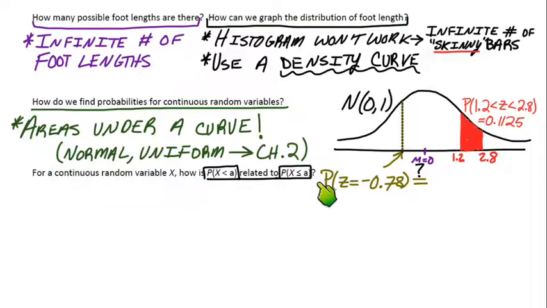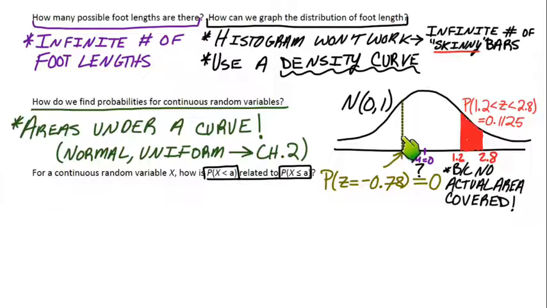What's the probability that z is equal to exactly negative 0.78? Well, if you remember, continuous random variables can't equal numbers exactly. And this line also has no area by itself, so the answer would be 0, because there's no actual area covered by a single line. We would need two lines and an interval to shade a piece of this graph. We don't have that here.